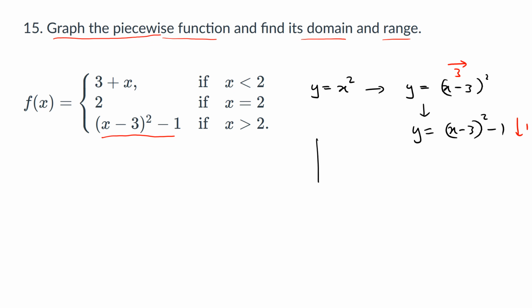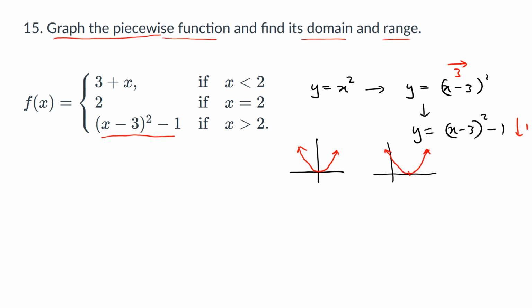So in the first one you have y equals x squared, so that is that graph, and then you shift that to the right by 3 units, so it's going to go like that.